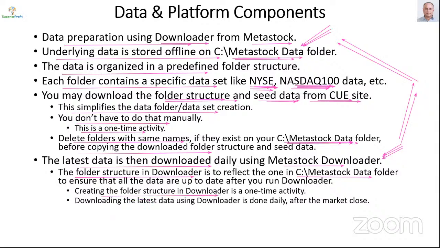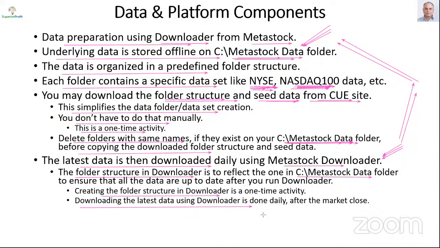Creating the folder structure in downloader is a one-time activity. I will show how to add each of these folders one by one into downloader. Once you do it one time, you don't have to do it again. You just have to run the downloader every day or whenever you want breadth charts to be updated.